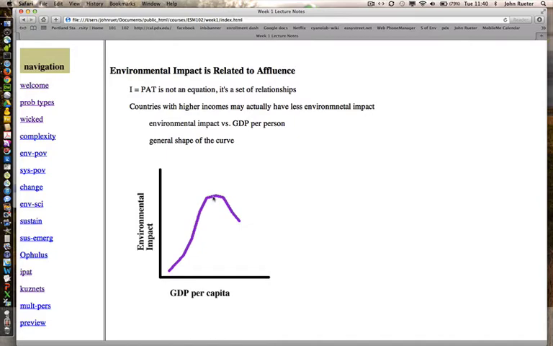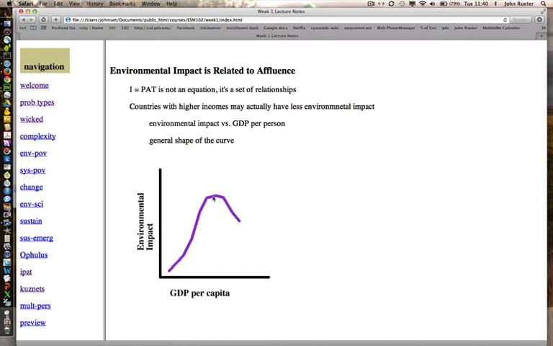They just don't have the money to switch over to these higher technology, cleaner solutions, so they end up with a higher impact. So that's just one example, but it shows that this is a relationship between the population, the affluence, and technology. Not just a linear multiplying out that more population, more affluence, more technology all lead to more impact.